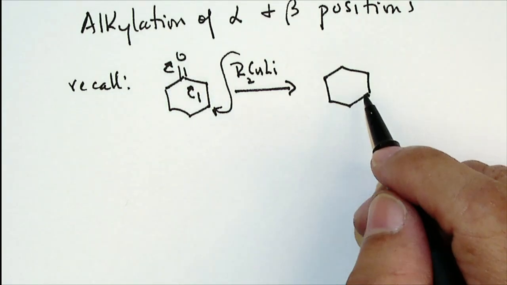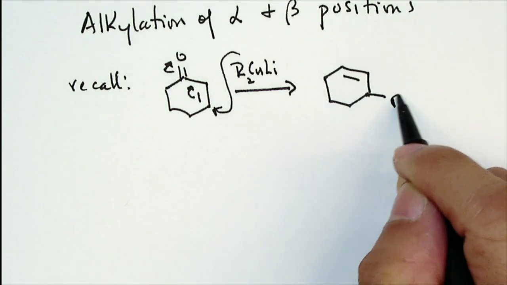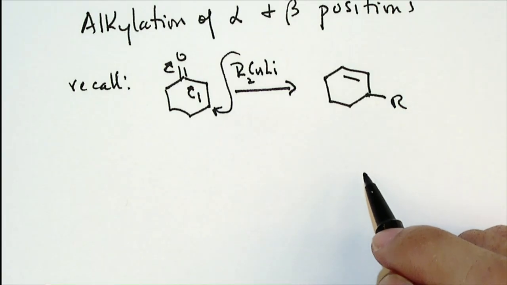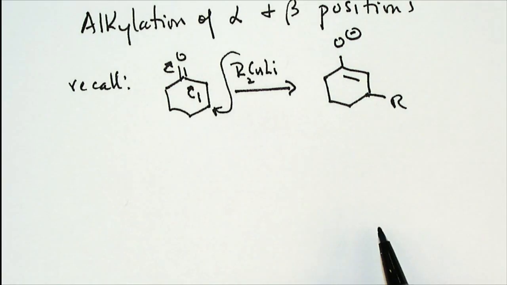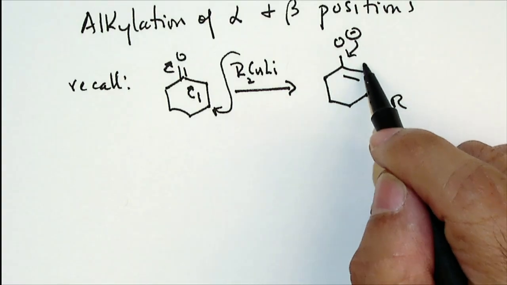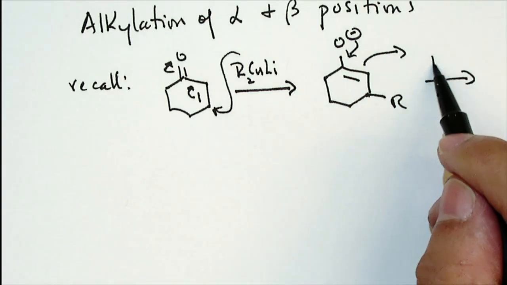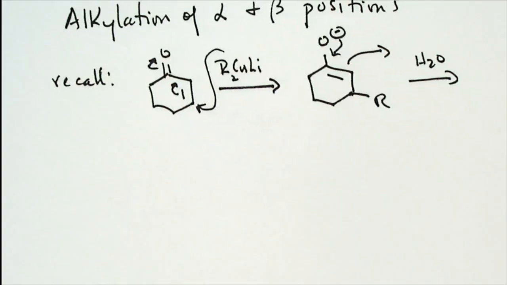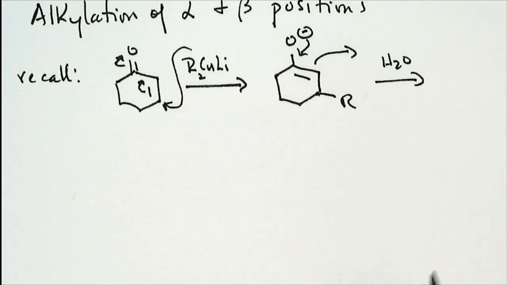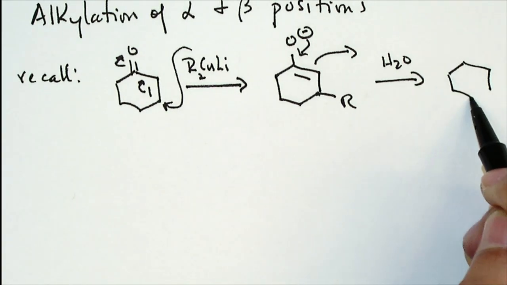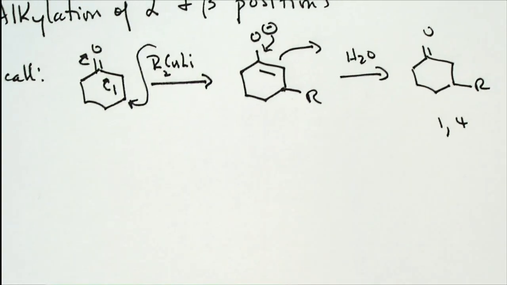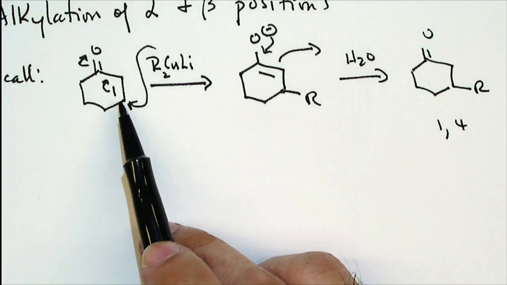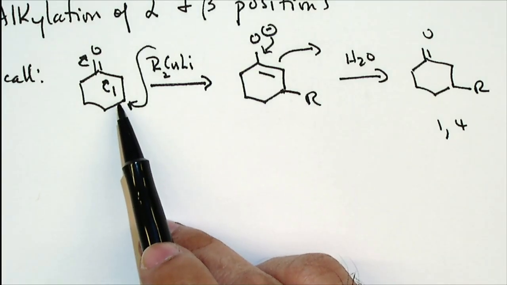So that what you end up having is the R of your Gilman there, and you have an O-. And then typically what happens is you reform here, and you have to have a proton source, which is normally just water in the second step. And so this is how you end up getting your final product, which is the 1,4 addition of a Gilman on an alpha-beta unsaturated carbonyl.